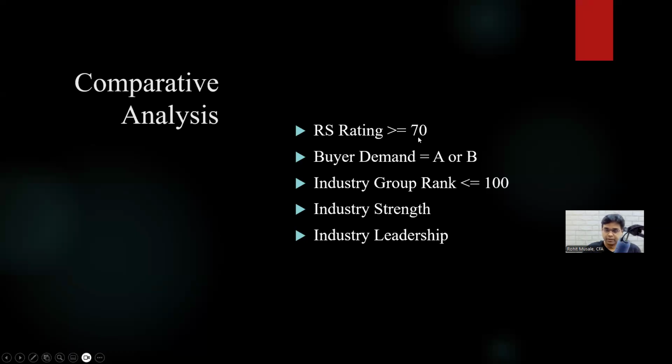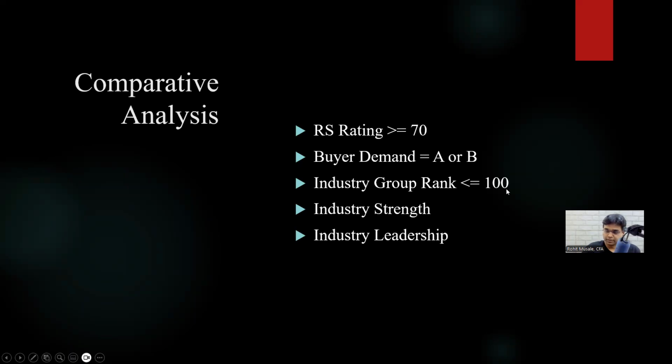However, if the relative strength rating of the stock is 70 or say between 70 and 80, that is considered to be strong. If it is more than 80, it's very strong. It's a leading stock. Buyer demand, if it is B, it is considered strong. If it is A, it is very strong.